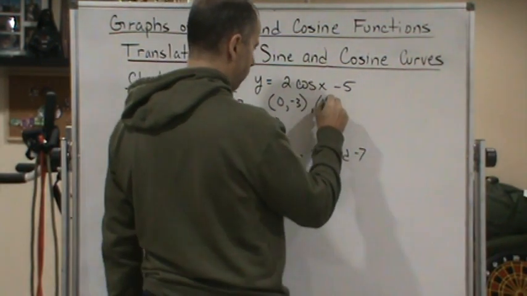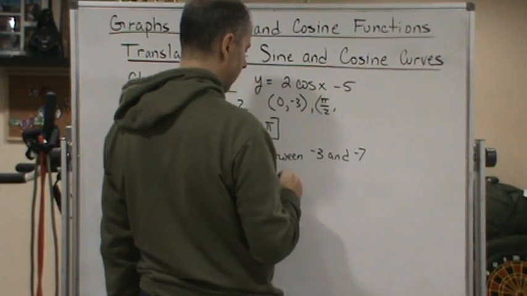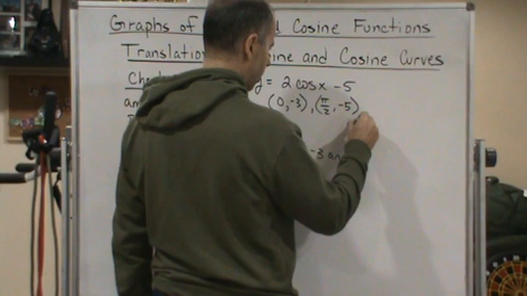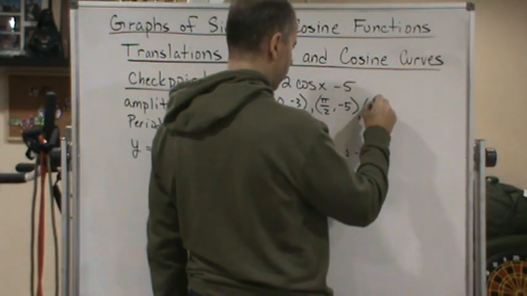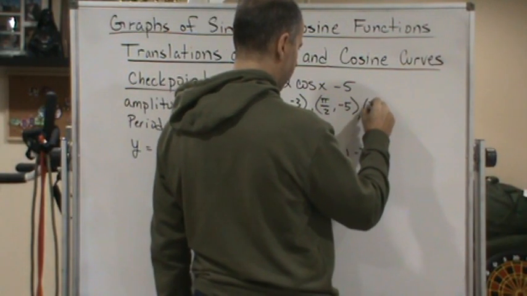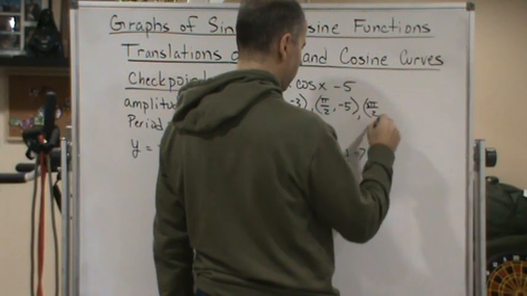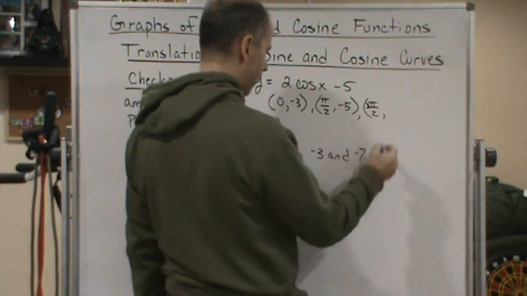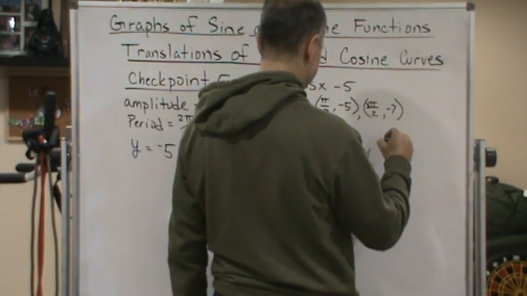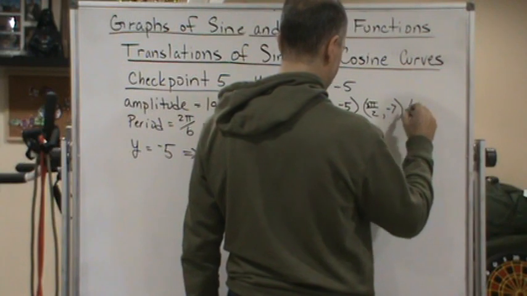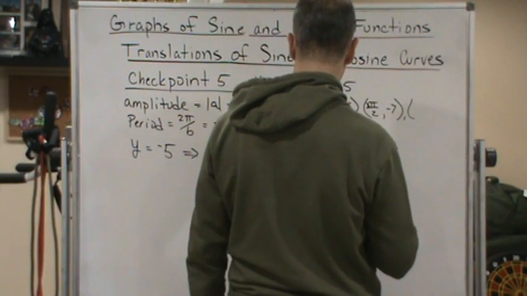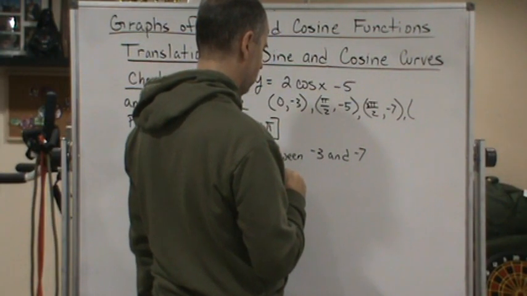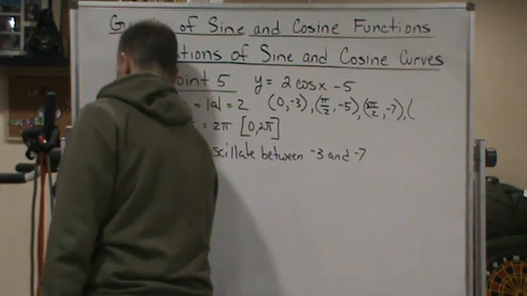And then it's going to go pi over 2, comma, and then it's going to go down to y equals negative 5. And then it's going to go to 3 pi over 2, comma, now it's going to go down to negative 7. Oh, I'm sorry, I missed one. I skipped one.